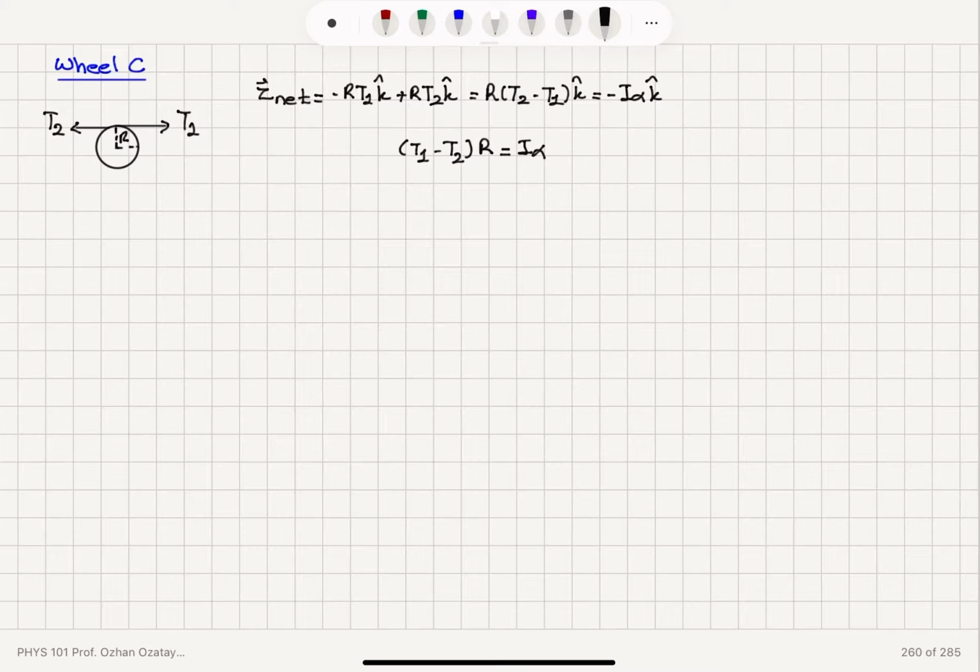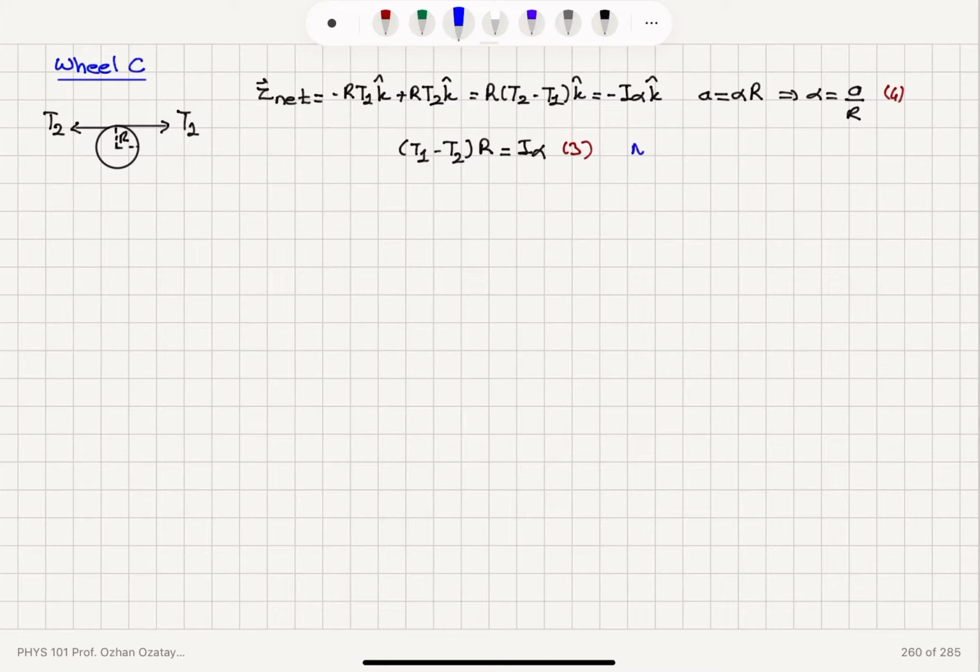And we know that the linear acceleration is linked to the angular acceleration alpha as alpha times R, so alpha is equal to A divided by R. Let's call this equation number 3, and this is equation number 4. I want you to notice that T1 and T2 cannot be equal here.